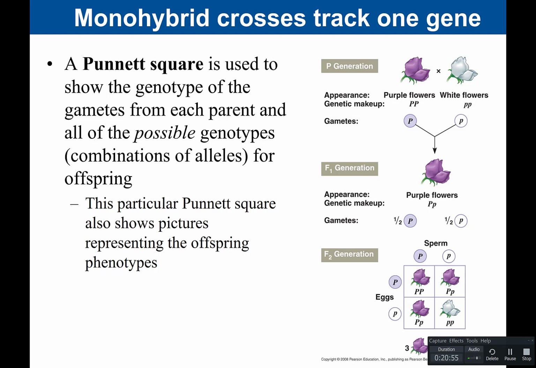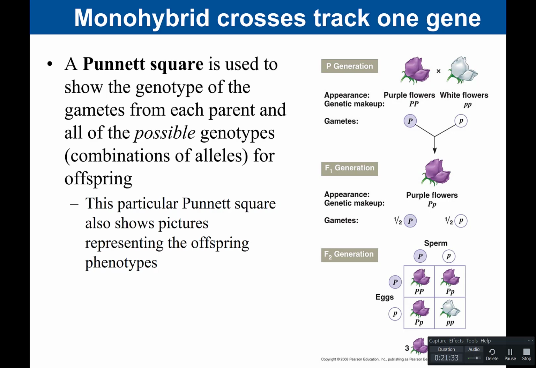So if we have big P, little p in the gametes, the probability is 1/2 that we give a big P, 1/2 that we give a little p. That's by independent assortment. So notice that there's a chance for the sperm to have big P or little p, and there's a chance for the egg to be big P, little p. Because remember that we're crossing two F1s. Both are big P, little p. So you see on the outside of the Punnett Square, the possible alleles that could be given in the gametes.